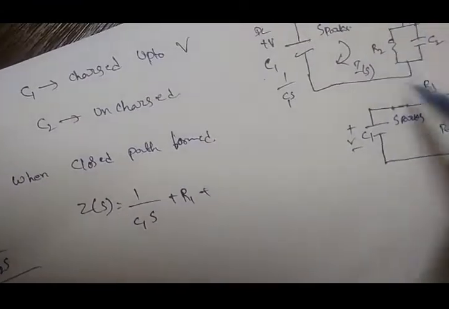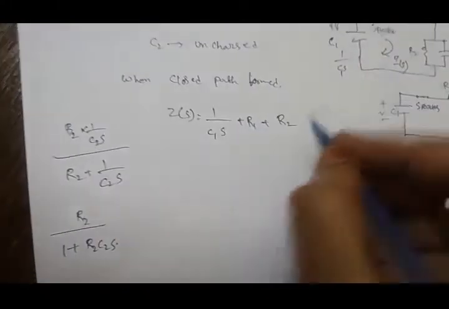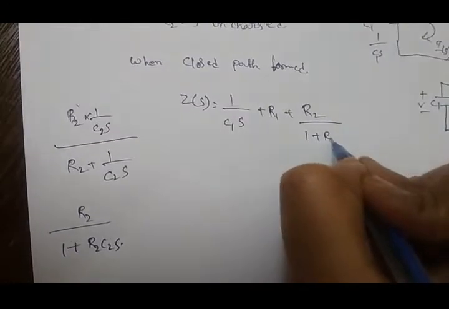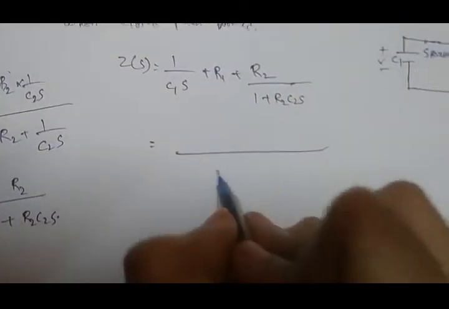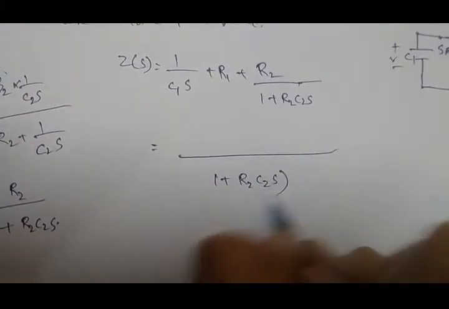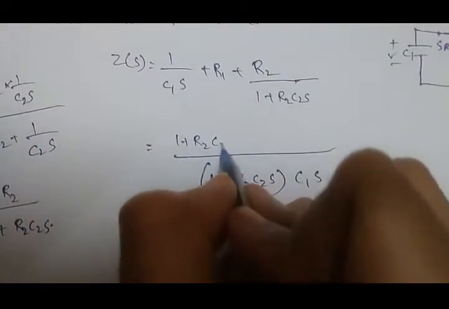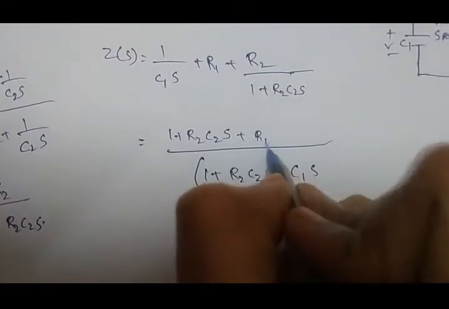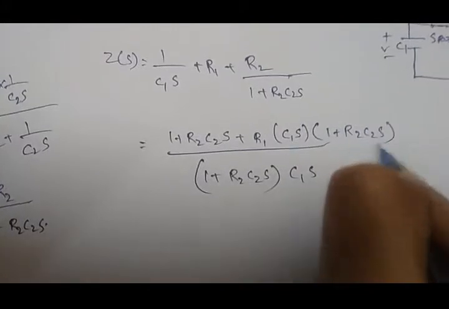So this entire parallel combination is given as R2 divided by 1 plus R2 C2 S. Take the denominator term 1 plus R2 C2 S, and 1 by C1 S. Do this simple mathematics and rearrange the terms.